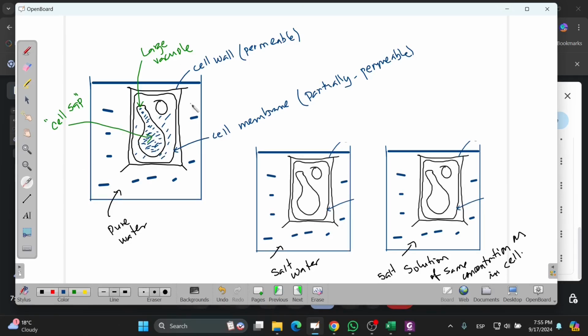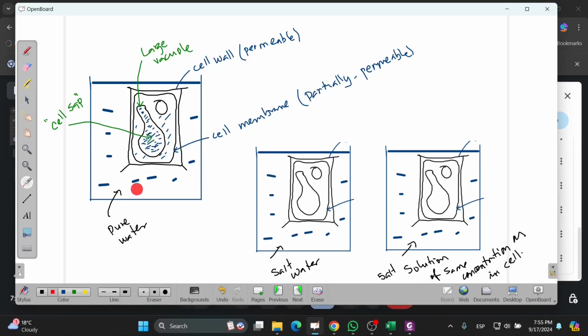All right. Now, what happens here is, as before, water moves from outside, that is just water, into the cell, that is a solution, right? The cell does not have pure water in it. It's water with dissolved substances.